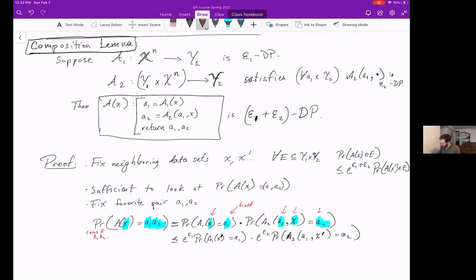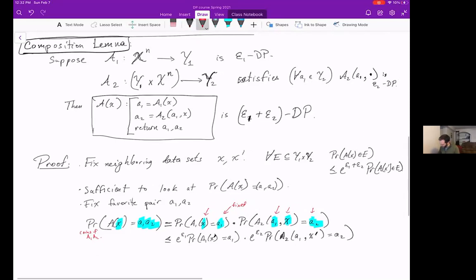And notice that the A1 part is the same in both lines of the inequality; only the data set has changed between these two lines.